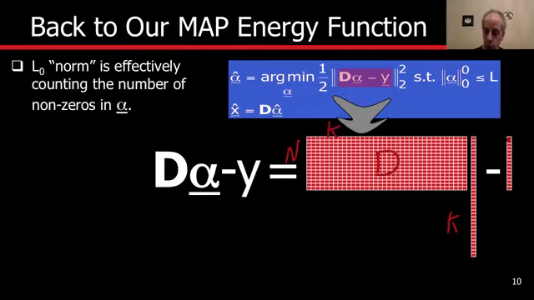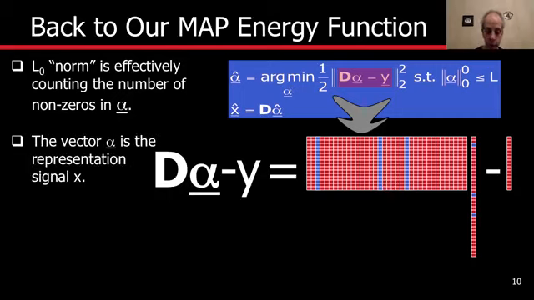We subtract y. That's our approximation error, but we are not allowed to pick any alpha. We're only allowed to pick alpha that has at most L non-zeros, which means that we are going to be approximating y by at most L columns, the linear combination of at most L columns of D.